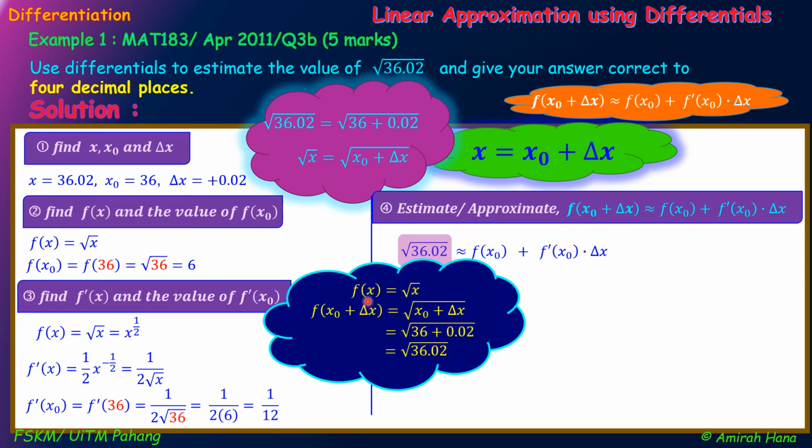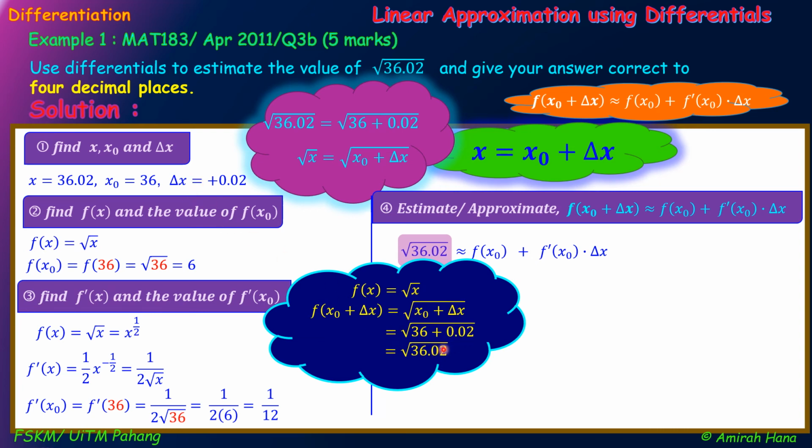From step 2, we have f(x) equals the square root of x, and x can be written in the form of x₀ plus delta x. So if we have f(x₀ plus delta x), it means we have the square root of x₀ plus delta x. And x₀ from step 1 equals 36, and delta x from step 1 equals 0.02.